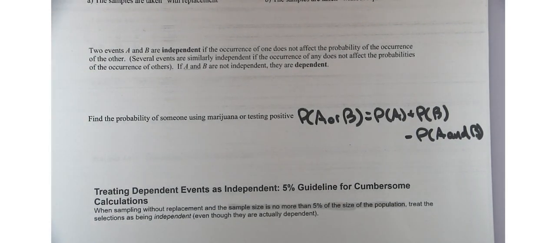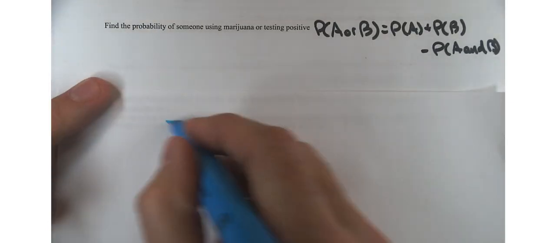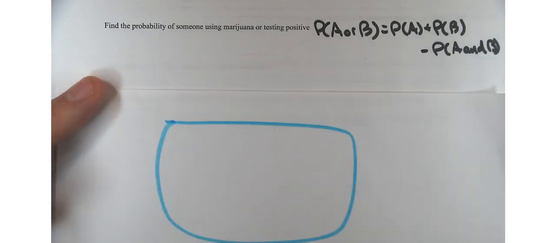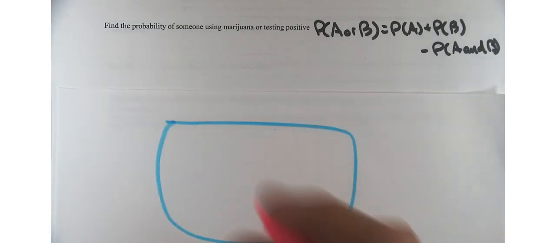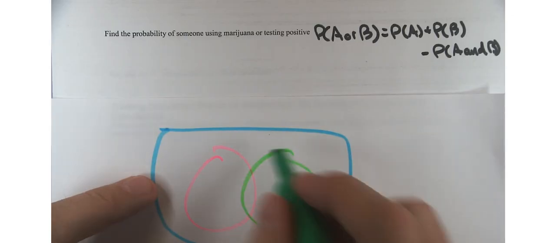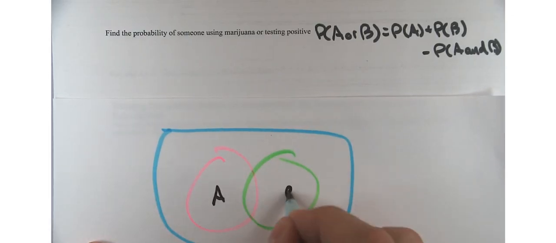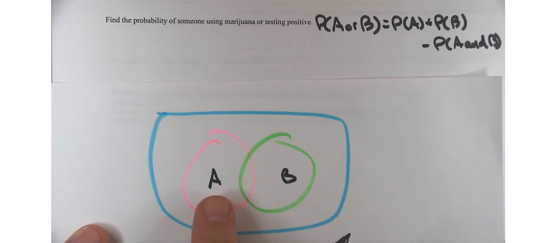So what's going on there is that if you have a sample space and have events, say A and B, and you're looking at the probability of A or B, if you just add up the probability of A plus the probability of B, you're really counting this area twice.